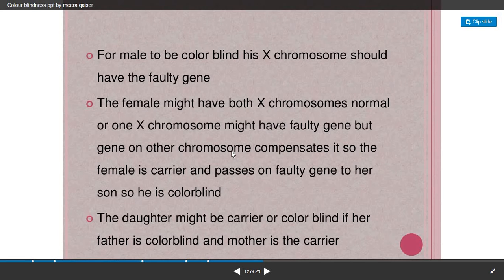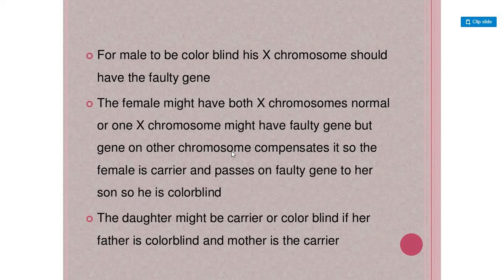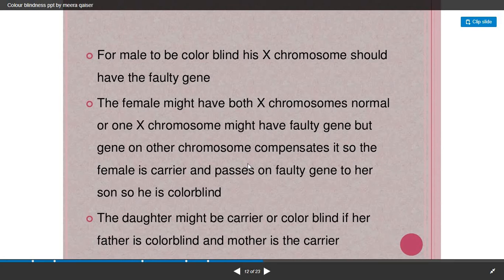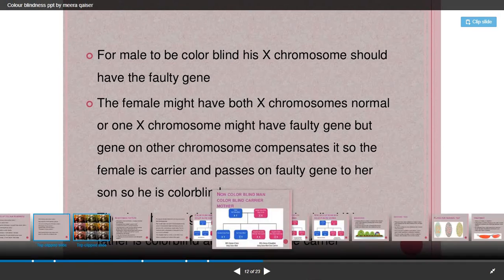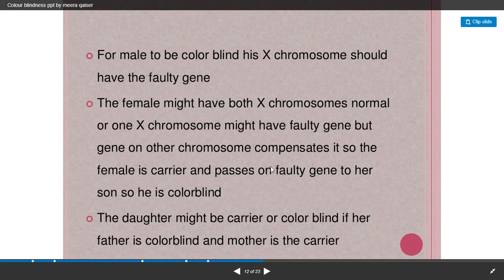That means if the mother is a carrier, she can pass on the gene, and if the child is a son, then he may be colorblind. The daughter might be a carrier or colorblind if her father is colorblind and mother is a carrier. So these are the cases you have to remember for this disease.